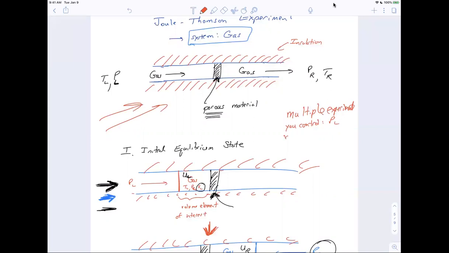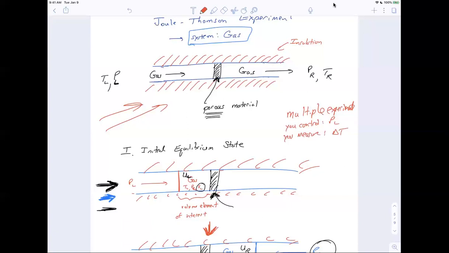And then you measure delta T. You know what the temperature will be coming in, T left, and then you just measure T right. You do this for multiple experiments, and that really depends on how fine a resolution you want in your delta P's.